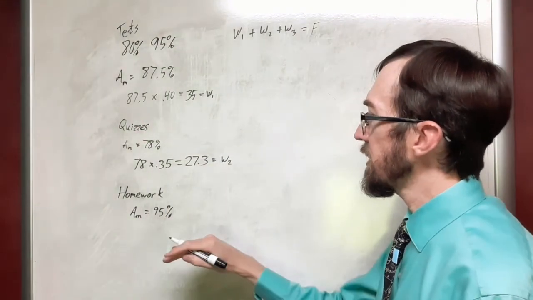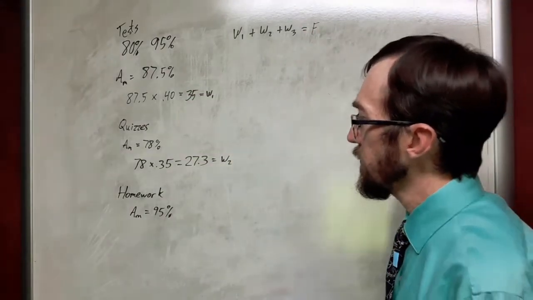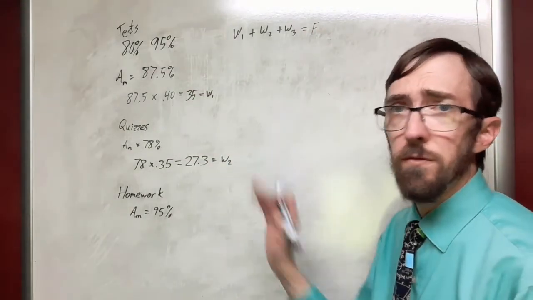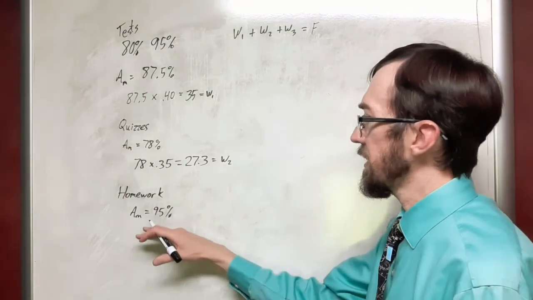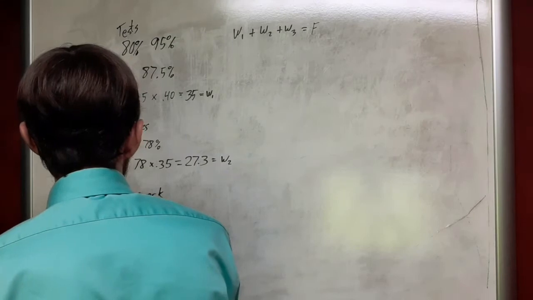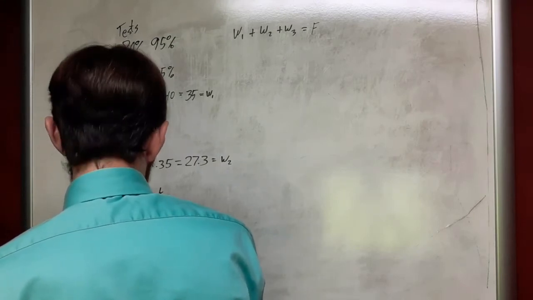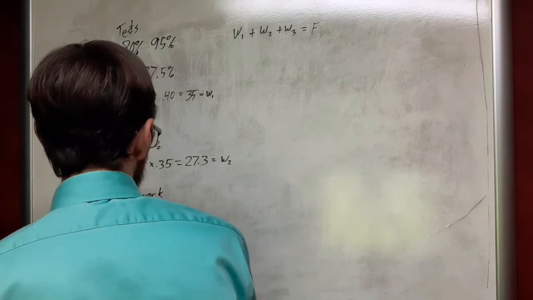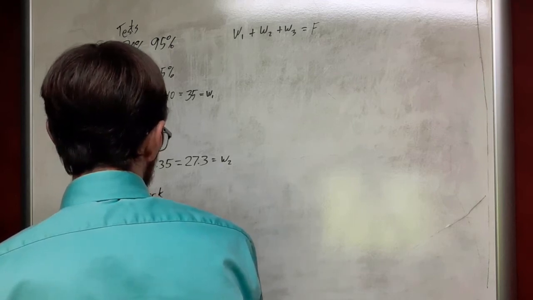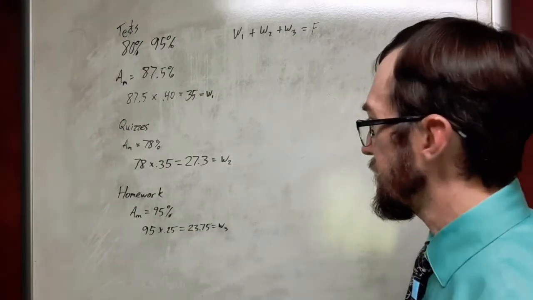This was weighted at 25% of the entire grade for the semester or year, whatever you're calculating. So we're going to take 95 and multiply it by 0.25. And that will be our W sub 3.